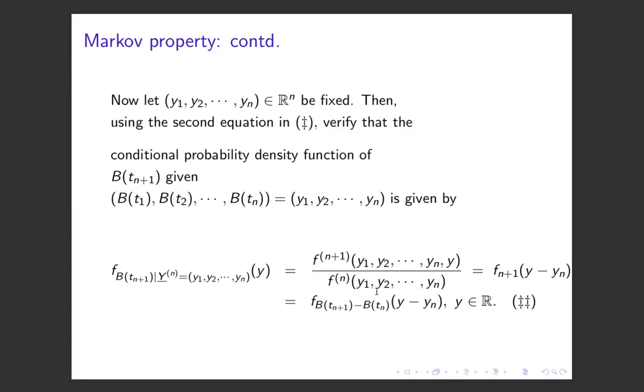Since this is strictly positive, this expression is valid for every Y1, Y2, ..., Yn and of course Y in R. So what you get from the second equation is F sub n plus 1 at Y minus Yn.